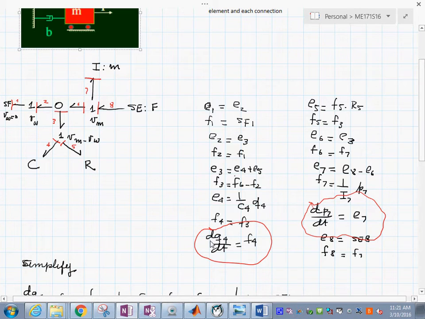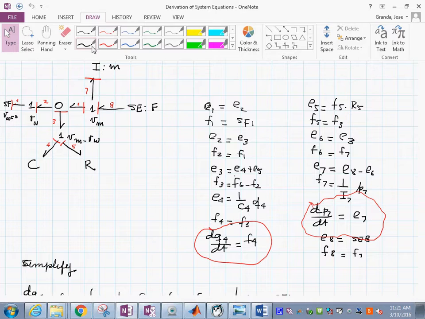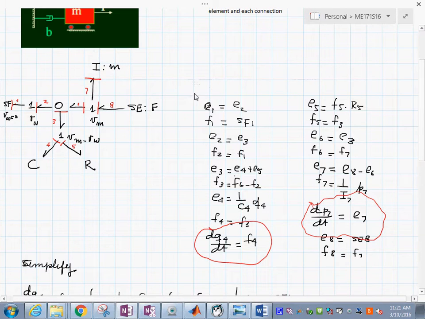So in reality, the system of equations that we have consists of this set of equations, which is the entire set of equations that correspond to this bond graph model.